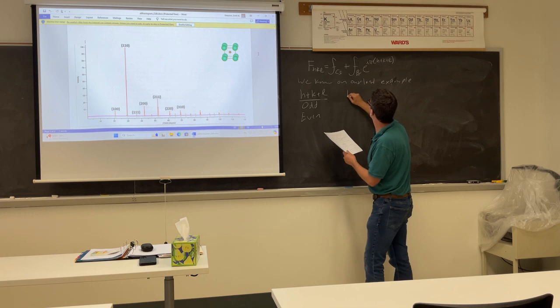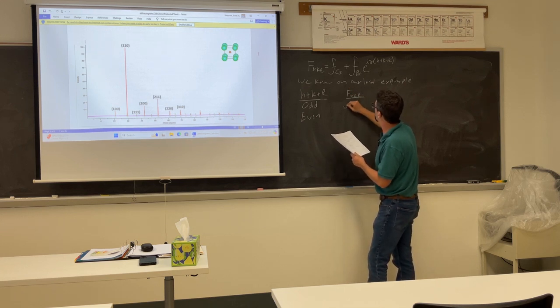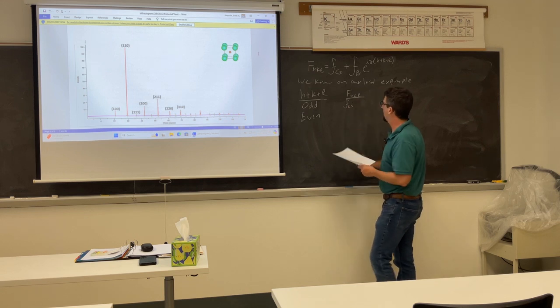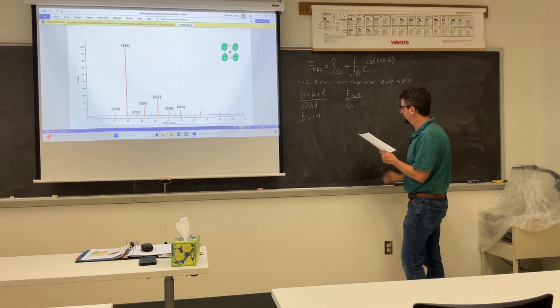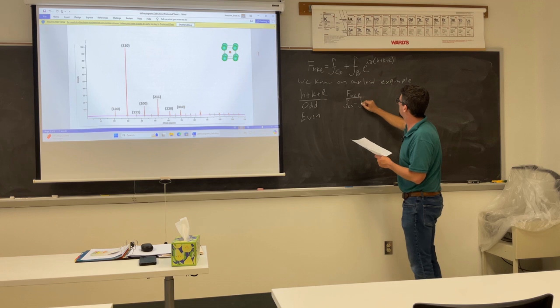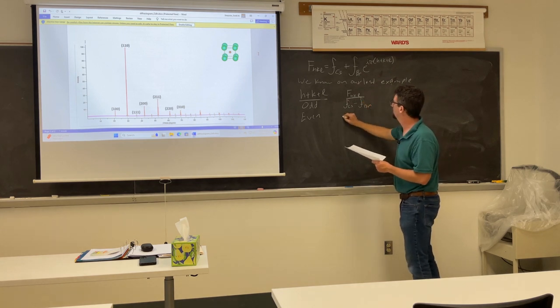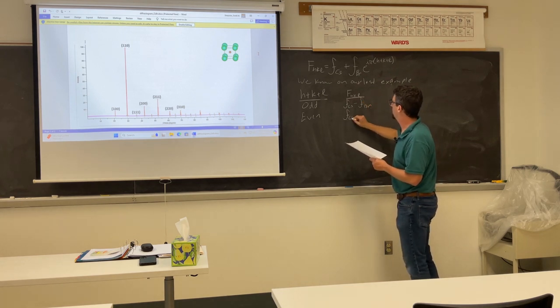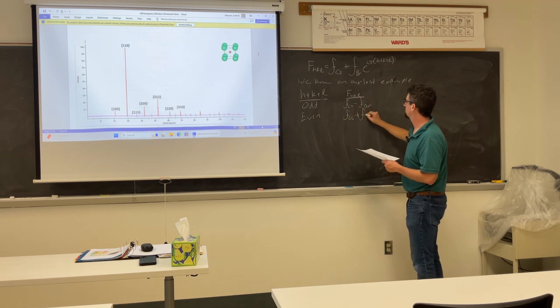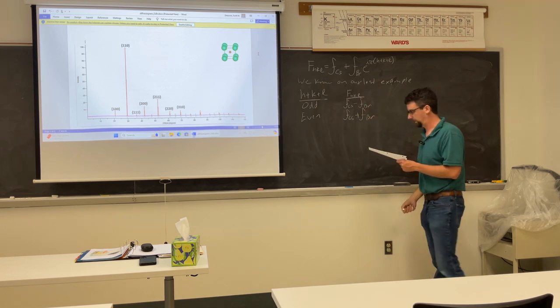We would get the structure factor to either look like the atomic scattering factor of cesium minus the atomic scattering factor of bromine, or the atomic scattering factor of cesium plus the atomic scattering factor of bromine.